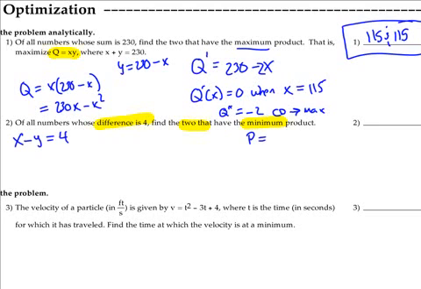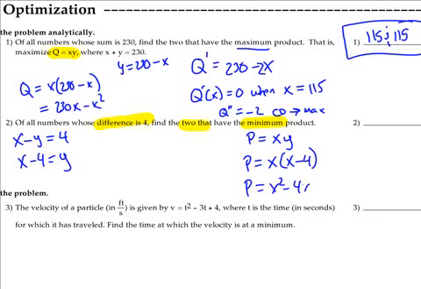The product is going to equal xy. I want that to be minimized. Well, what is y? Well, x minus 4 is the same as y. So my product can be written as x times x minus 4, x times y. My product can be written as x squared minus 4x.